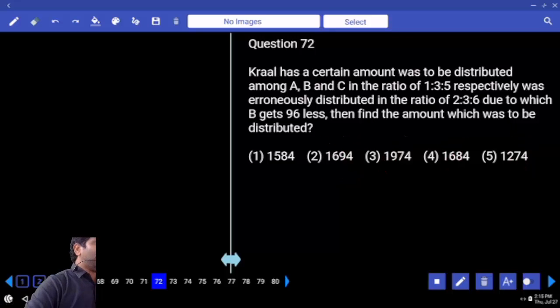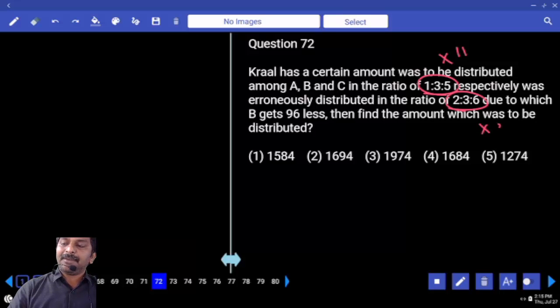If you want to calculate it, the total number of parts in both cases must be the same, right? But in the first case we have 9, in the second case we have 11. You need to go for rainbow multiplication. You know rainbow multiplication? The first one is multiplied with 11, the second one is multiplied with 9.